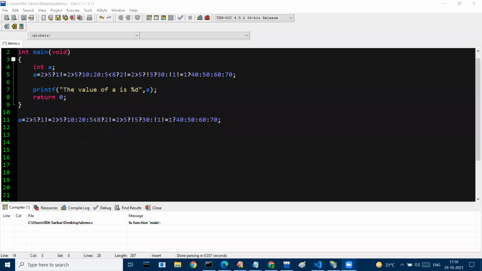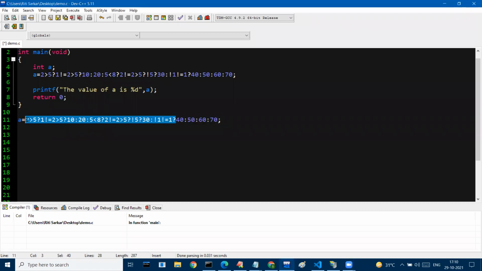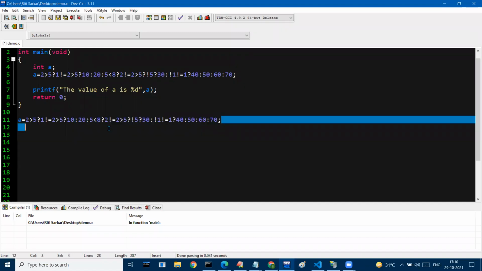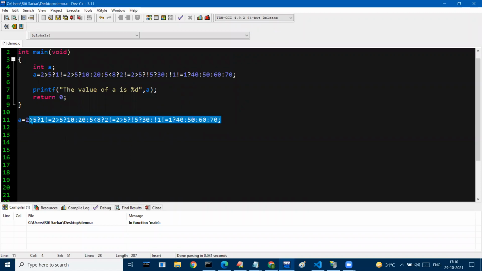There are 6 question marks, not 5, guys, 6. So how many colons must I have? 6. 1, 2, 3, 4, 5, 6. Okay. 6 question marks, 6 colons. So syntactically, no issue. Now we can start evaluation.